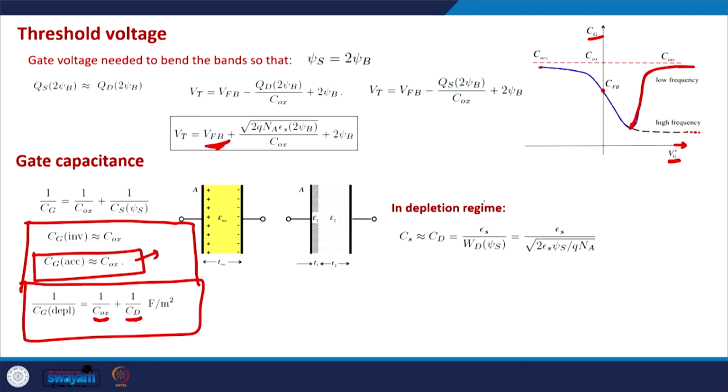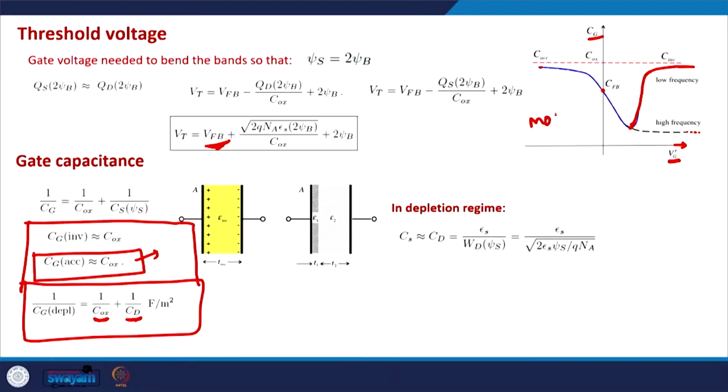But this is true for the MOS device, the MOS capacitor. If we consider the MOSFET, the inversion layer charge, which is essentially the electrons, can come from the source and the drain region.